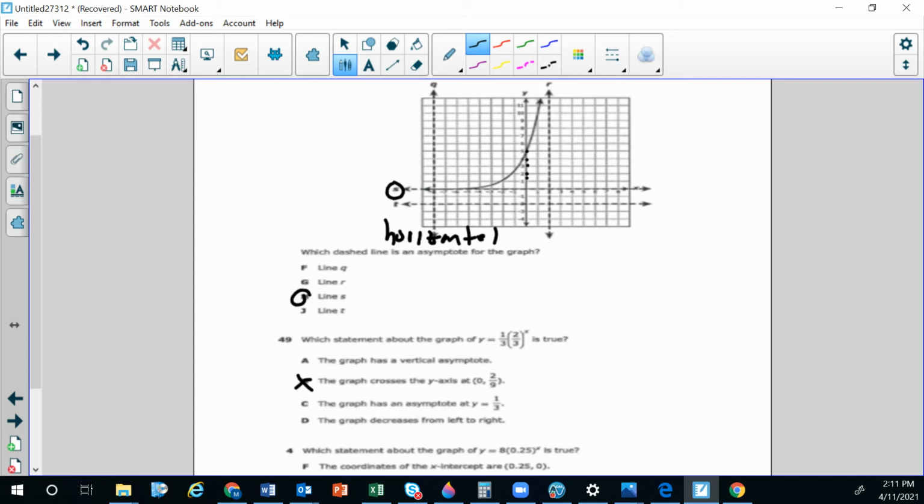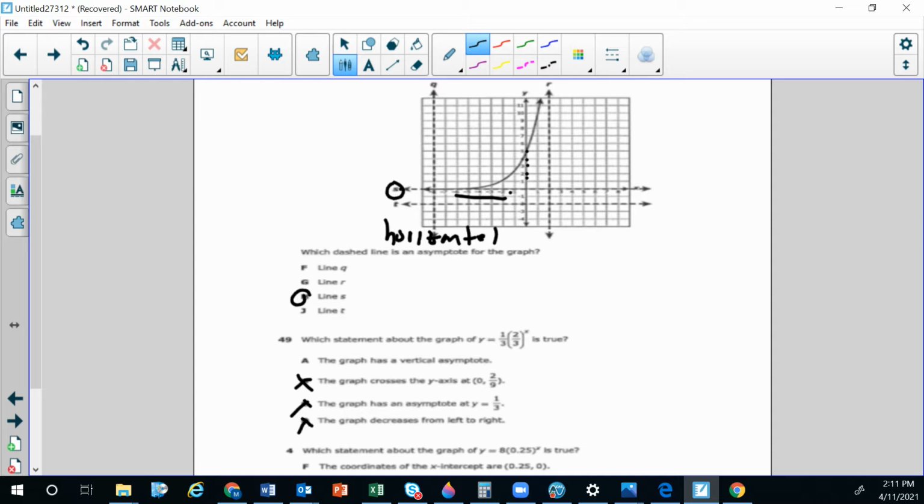The graph has an asymptote at y equals 1/3. Again, that is not correct. The asymptote is at y equals 0, which in this case is S. So that's not correct. The graph decreases from left to right. Well, not really. If I go from left to right, the graph is increasing. So that's not correct.